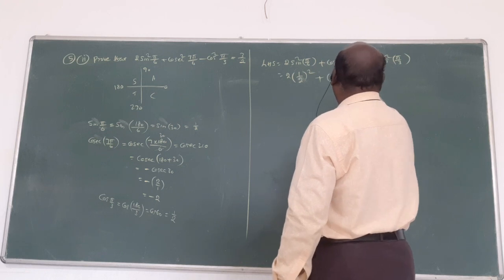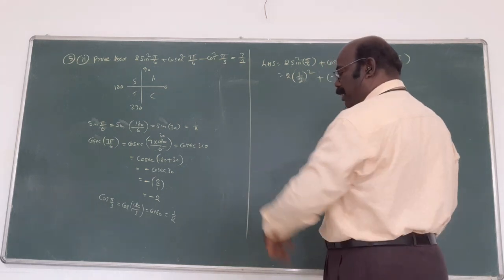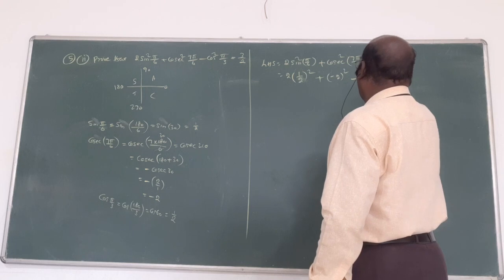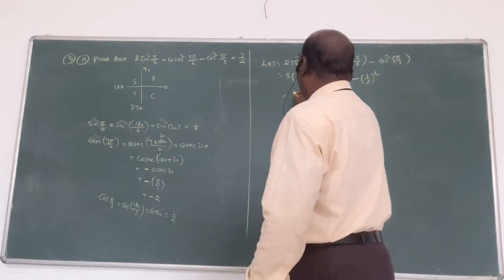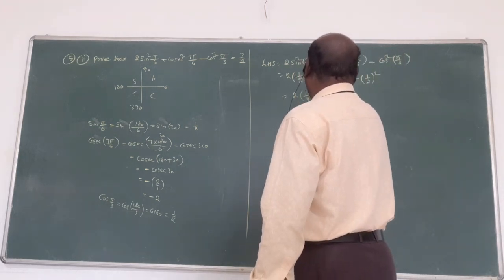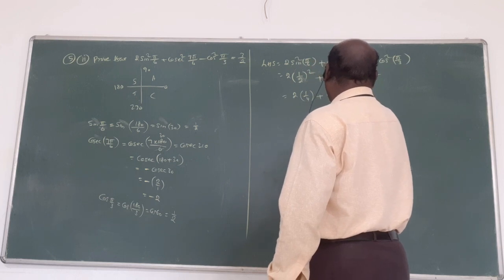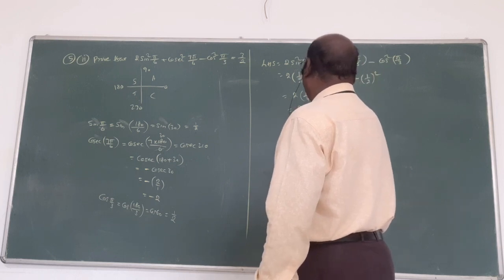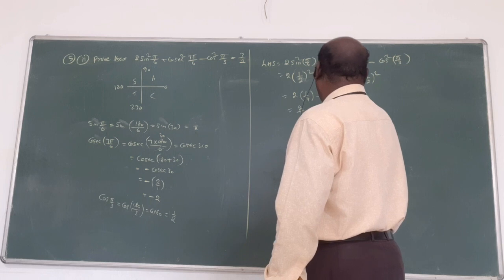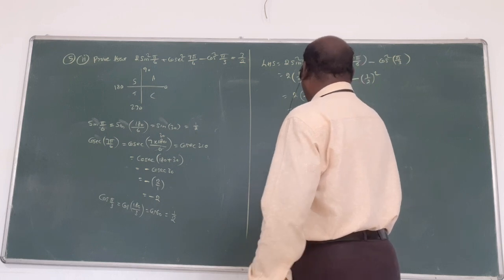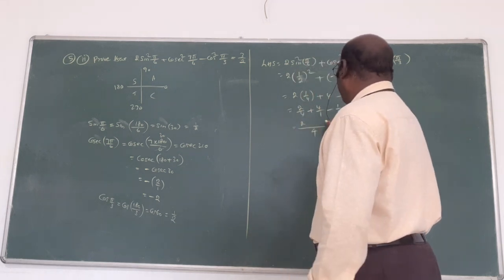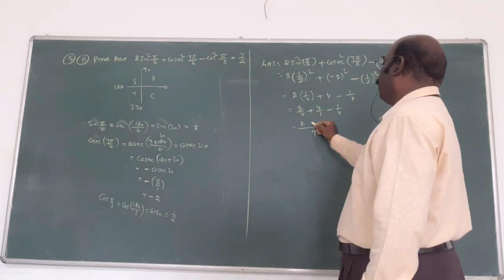Minus cos pi by 3, which is 1 by 2, whole square. Now this is 2 into 1 by 4 plus 4 minus 1 by 4. Now 2 by 4 plus 4 by 1 minus 1 by 4. Am I right?